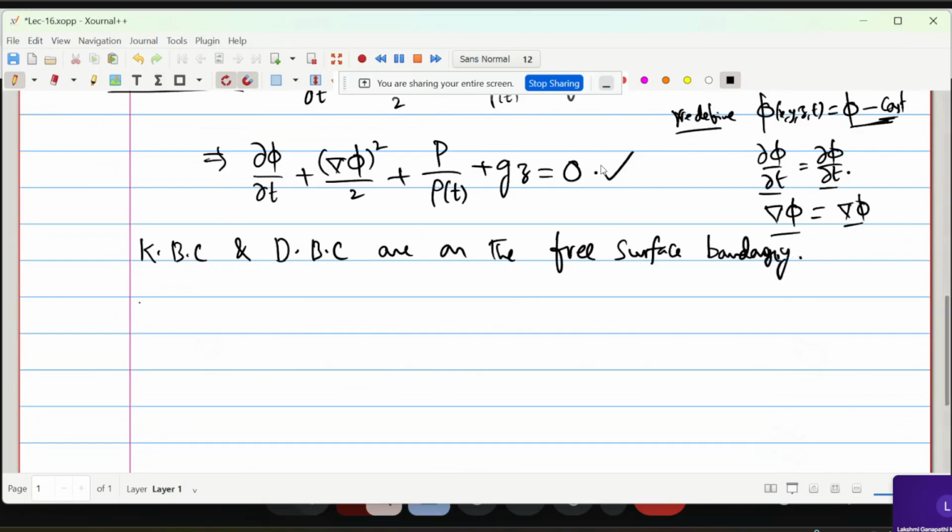On other boundaries, for example solid boundaries, you don't know, right? If you want to contain water, you may have some other boundary, maybe solid boundaries or whatever. So I'll just put it on the solid boundaries.